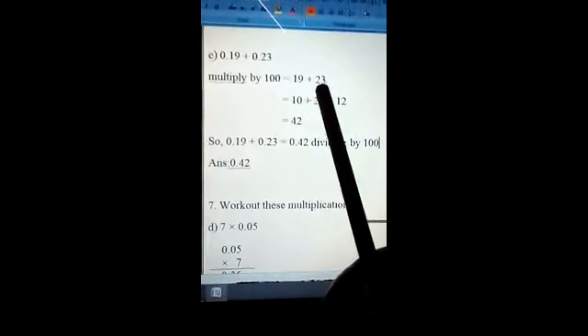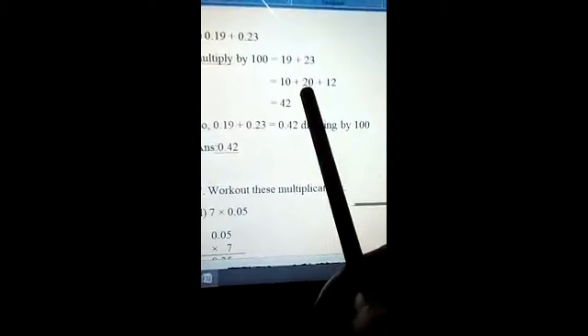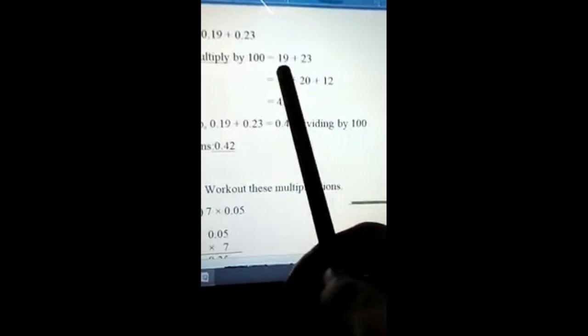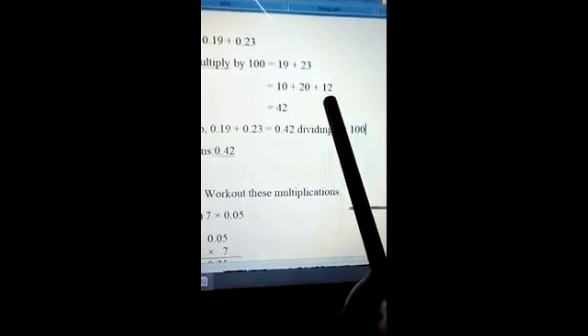So again we'll break it down and write in a whole number separately, 10 separately, and then 20 separately, and 9 plus 3 is 12 over here. We'll write down 10 over here, 20 over here, tens numbers, and 9 will add the ones number, this unit numbers together, and write it down over here. 10 plus 20 plus 12 is equals to 42.